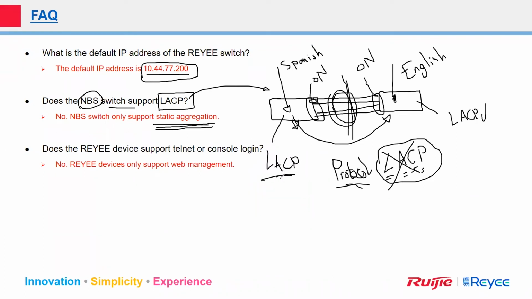So as long as they are both working on the same protocol, they will negotiate the speed and duplex and that stuff between those two switches. So this is the difference between static LAG and the protocol LACP, right? Again, NBS only supports static aggregation.